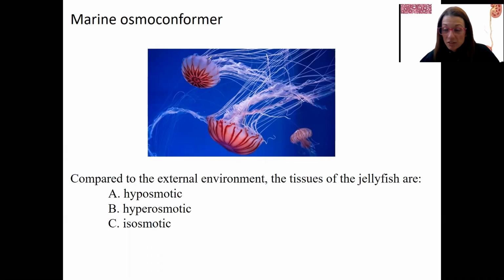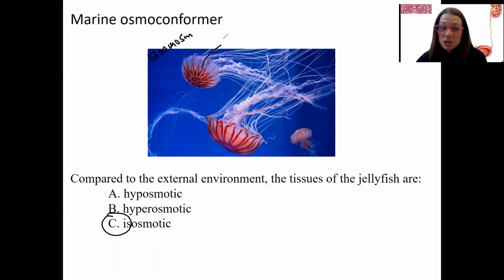The tissues of these organisms have the same concentration of solutes outside as inside. So that's isoosmotic. It's not necessarily the same solutes, just like with humans. But we are going to have these organisms living in water, and they just conform to their environment. I think it's actually like 1,200 milliosmoles in the ocean.